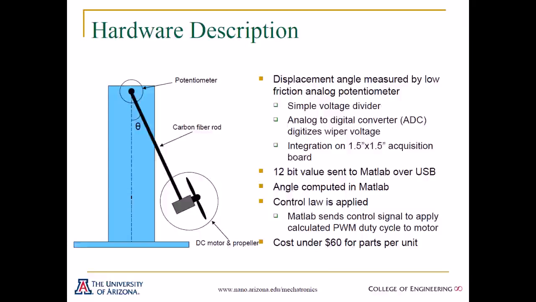The desired control signal is then fed back to the motor using pulse width modulation. An H-bridge circuit is used to allow bidirectional operation, that is, positive control signal drives the propeller in the forward direction, negative control signal drives it in the reverse direction. Let me now turn to my student Joshua, who will give you a tour of the actual system.